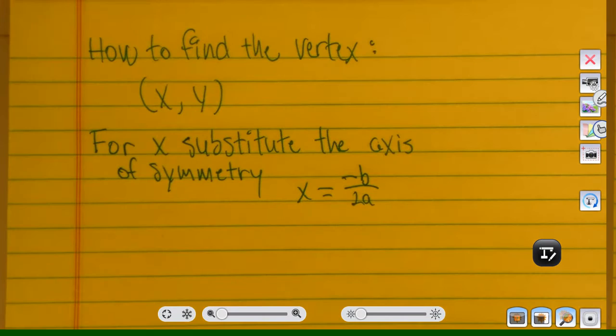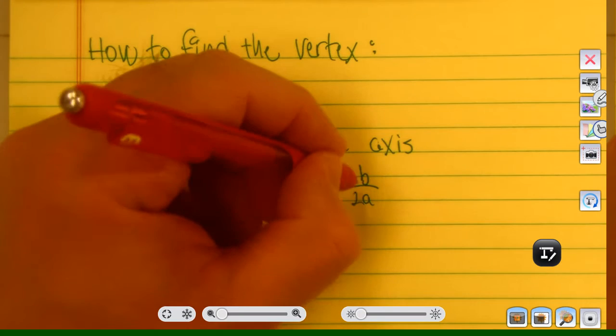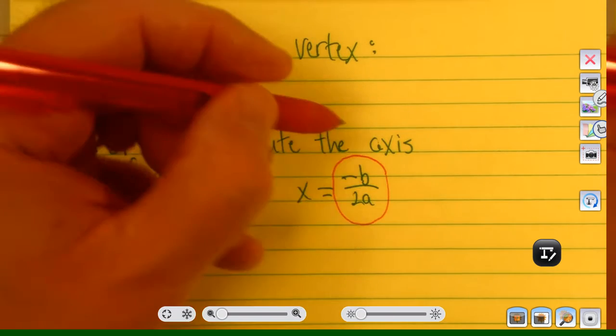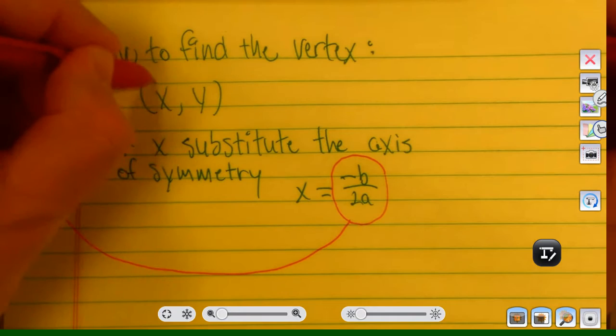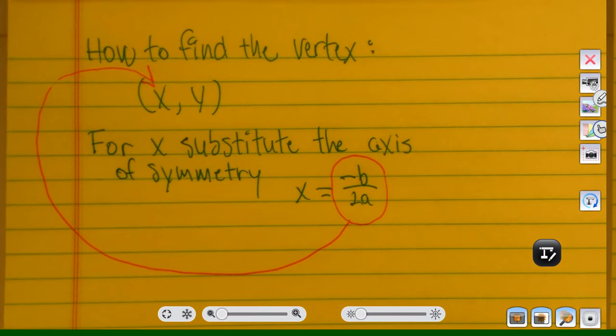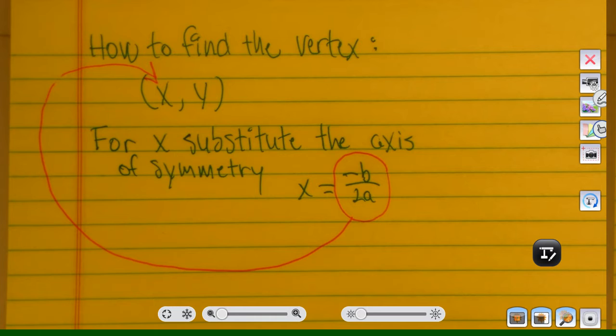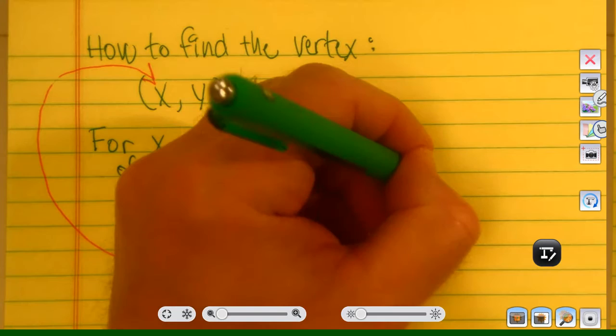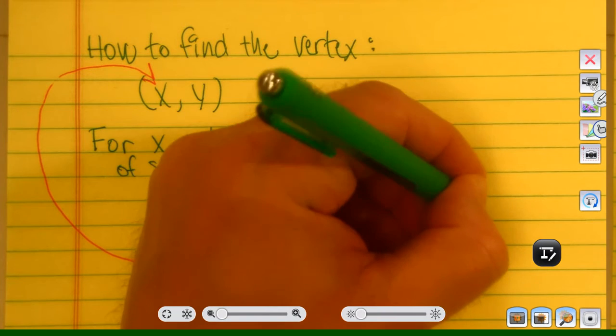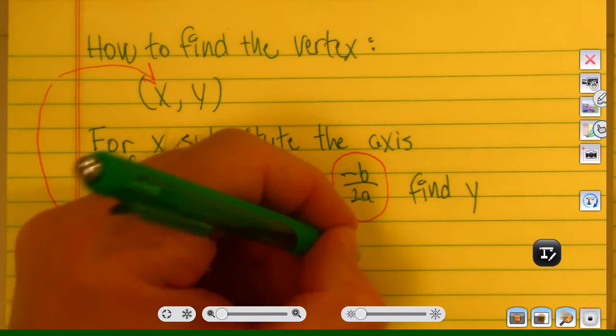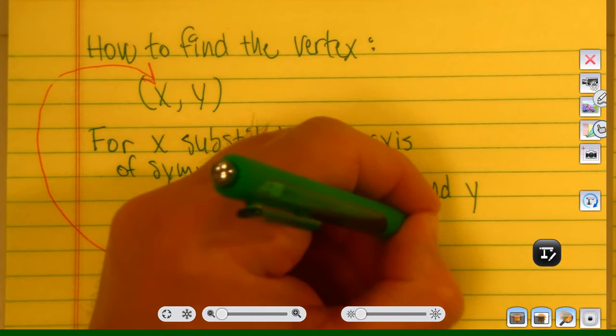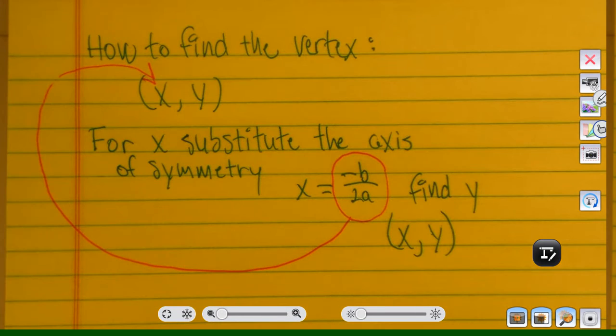So whatever that value is, I'll plug into x. Then I'll take the equation of the quadratic and I'll find y. And I'll have found the vertex. Remember, that's going to be a point with values x and y. I don't know what those numbers are, but I can find them pretty easily. Once I find that axis of symmetry, I'm just plugging it in for x and finding y.